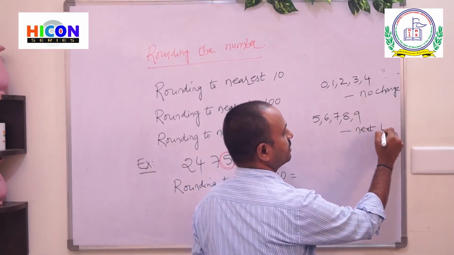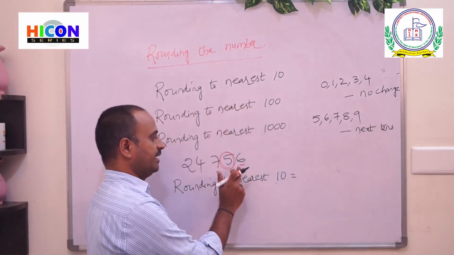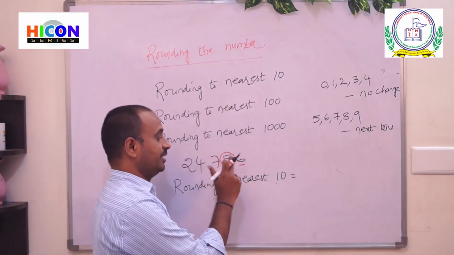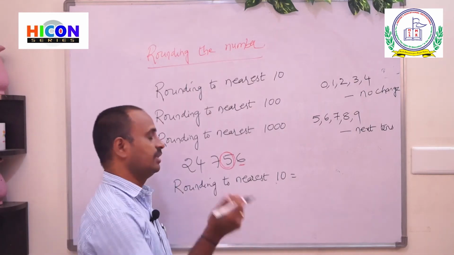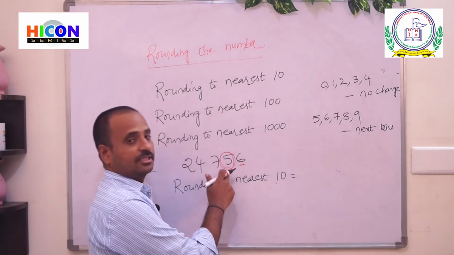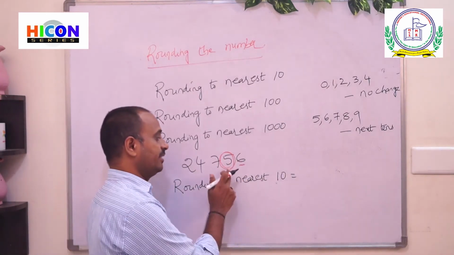Here the digit present in the tens place is 5, and its next digit is 6. So 6 is greater than 5. That's why we write the next tens.